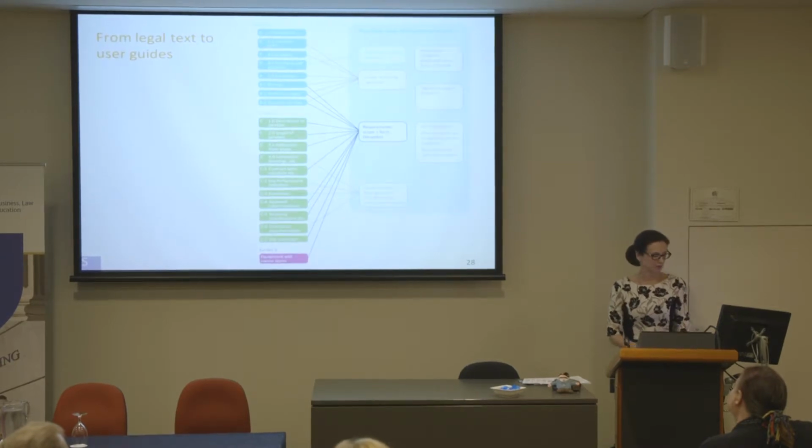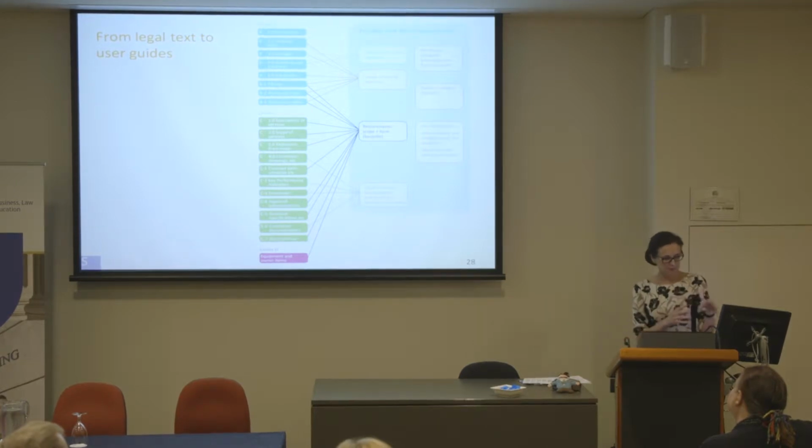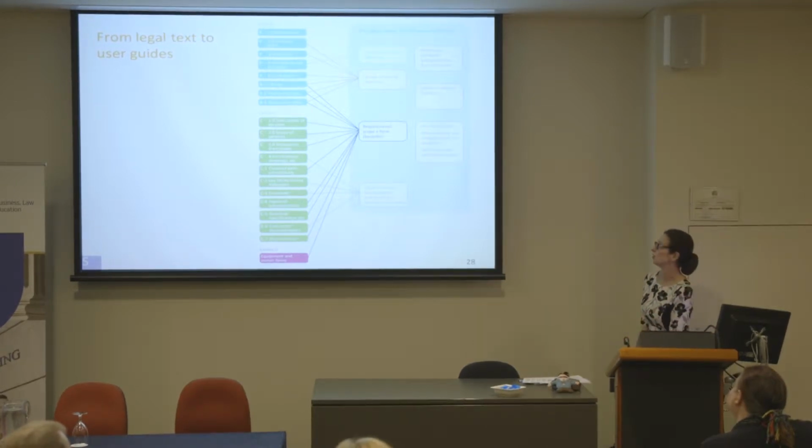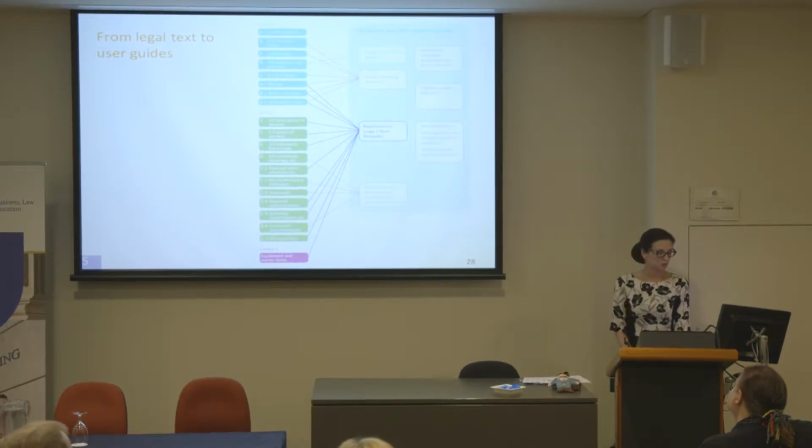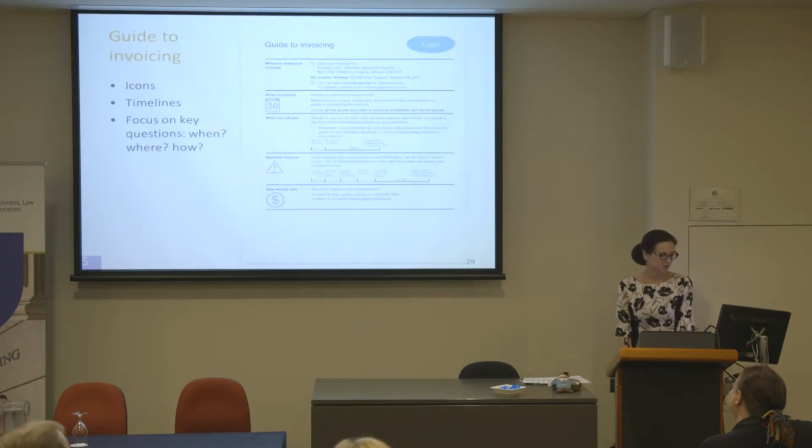So what we did is really taking bits and pieces that were located all over the documentation package and put them into user guides, or guide to invoicing, guide to pricing, requirements, and having them grouped so that it would be easy for a supplier to find what the supplier was interested in.